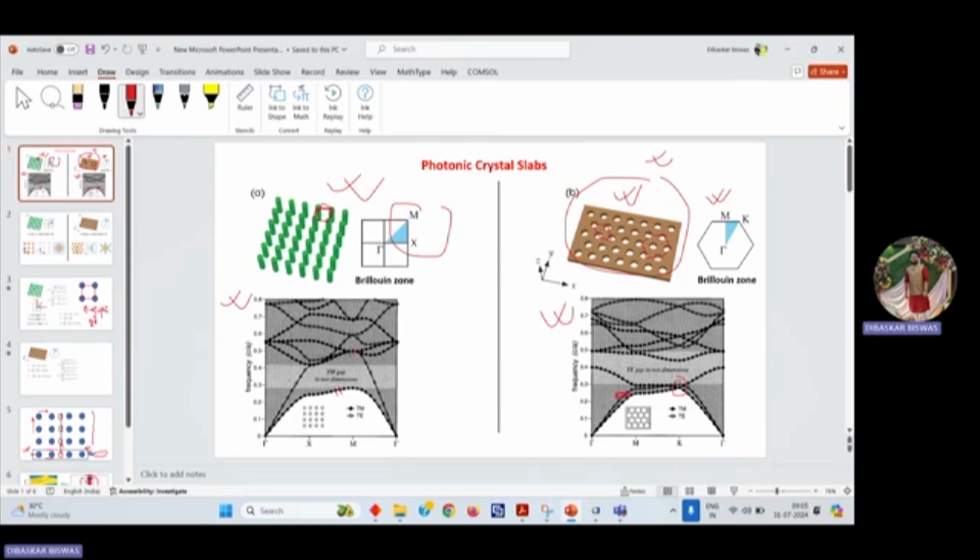This one is the first band of the TE mode, so we don't get a gap for the TE mode here. Similarly, for the hole structure we get a gap for the TE mode, and for the TM mode the first and second bands meet at this point. We shall see how these bands are calculated.